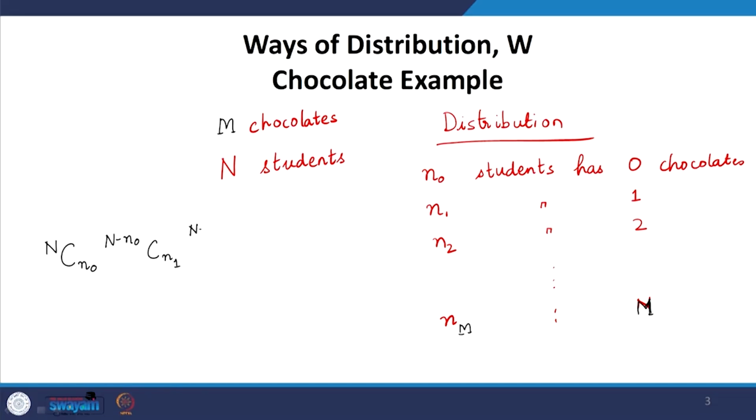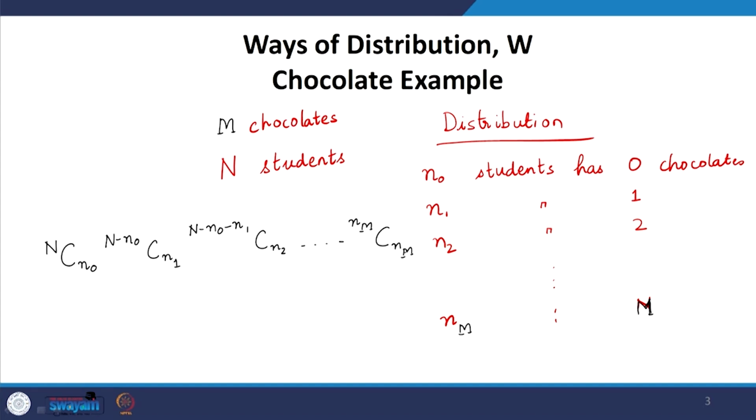After that we have n minus n0 minus n1 students remaining, and we can pick n2 students from there, and I can keep on doing it until I have only n_m students remaining, and they get m chocolates.